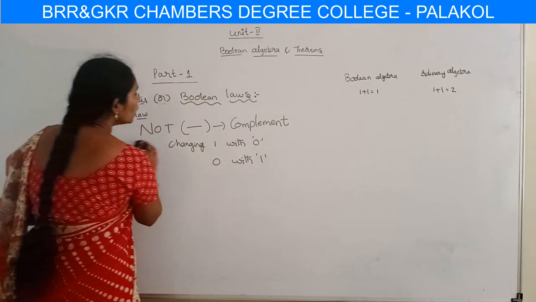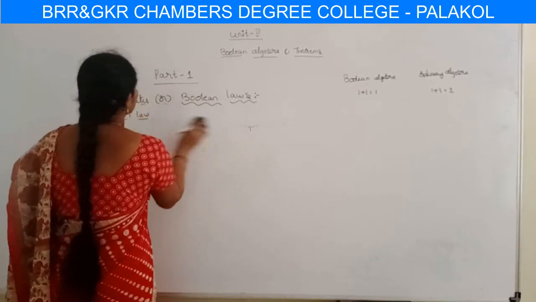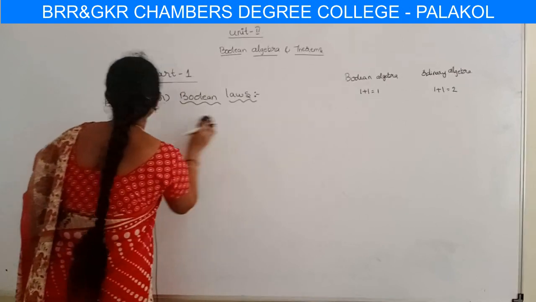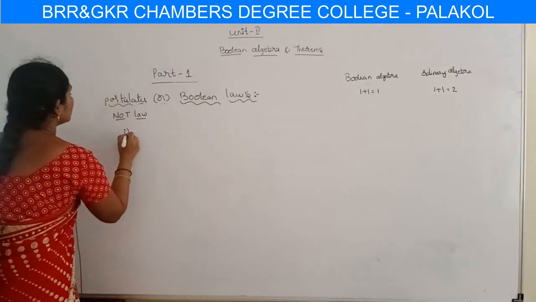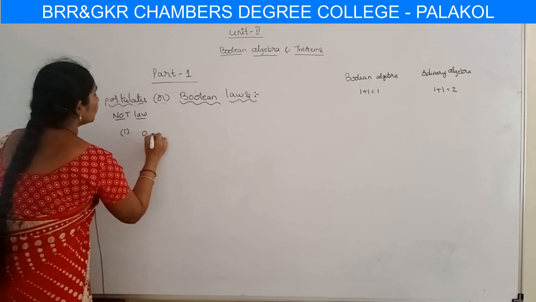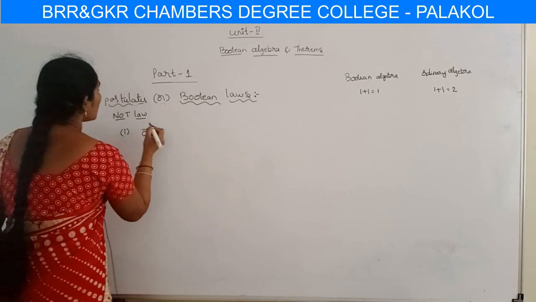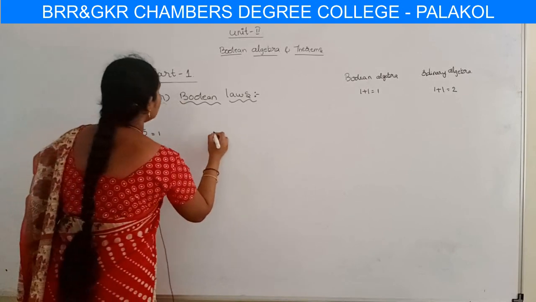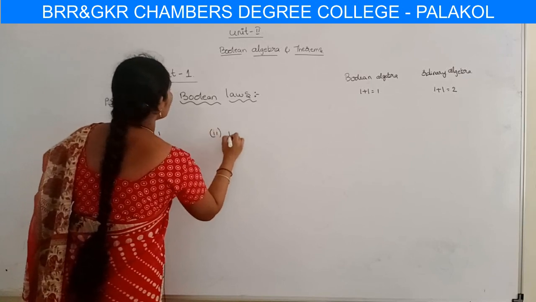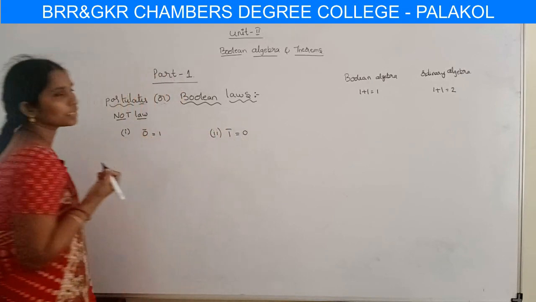So now move to the NOT laws. The first law is 0 bar is equal to 1, and the second one is 1 bar is equal to 0.